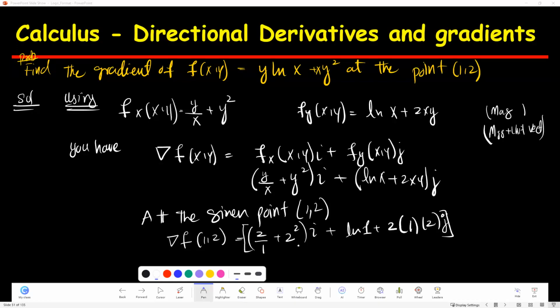Further elaborated, it's going to be 2 plus 4 is 6, so it's going to be 6i plus ln 1 is 0, and it's going to be 4j, and this is my answer.